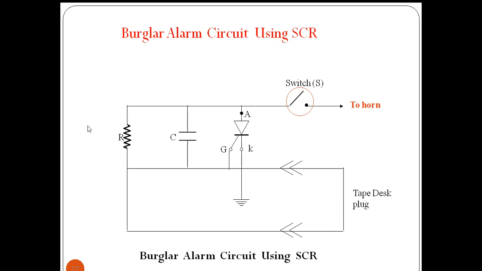From the main supply through resistance R, the gate will be energized. So the SCR will be triggered. As the gate circuit is operating, it gives a trigger pulse to the SCR and the SCR will be conducting.